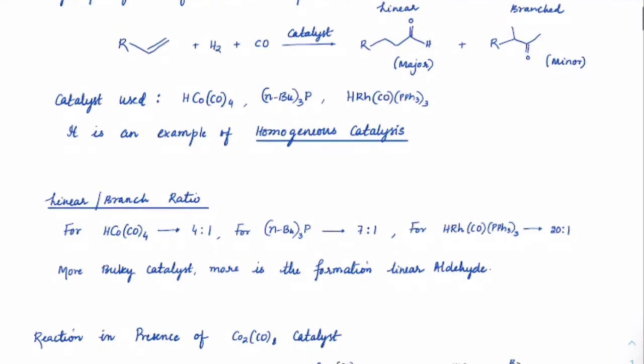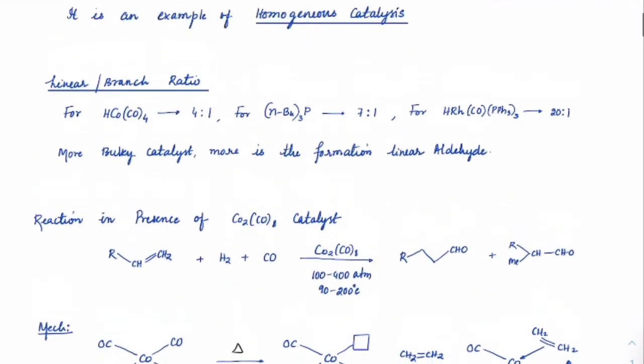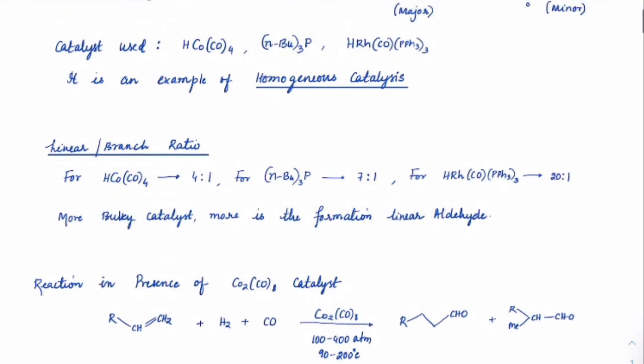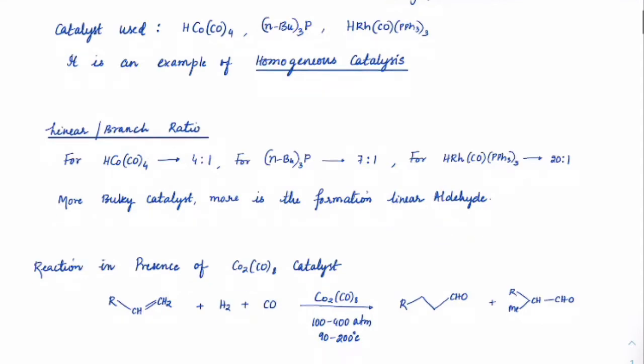Now check how the reaction takes place. If you take HCo(CO)4, the linear to branched ratios are 4:1, 7:1, 20:1. It shows that the more bulky the catalyst you take, the more linear aldehyde is formed.